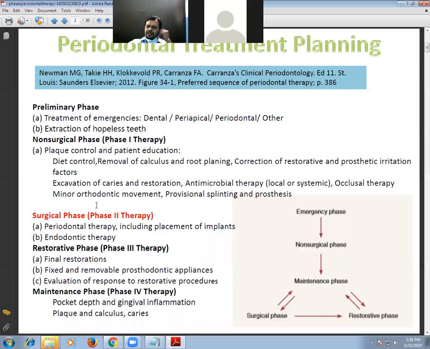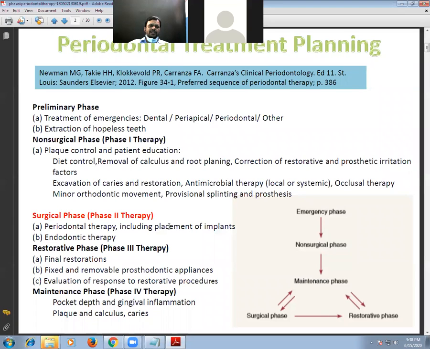Next is phase 2 therapy. Today we are going to discuss in detail the phase 2 therapy or surgical phase. So whatever surgical treatment we are going to carry out is performed in this phase 2 therapy or surgical phase. For example, periodontal therapy, including the placement of implants. All periodontal treatments are performed, whether minor or major.